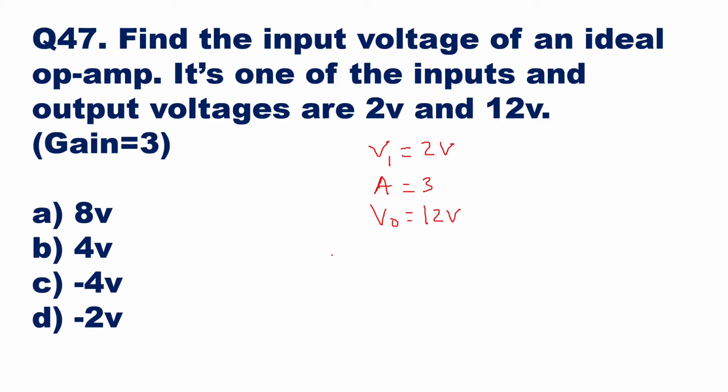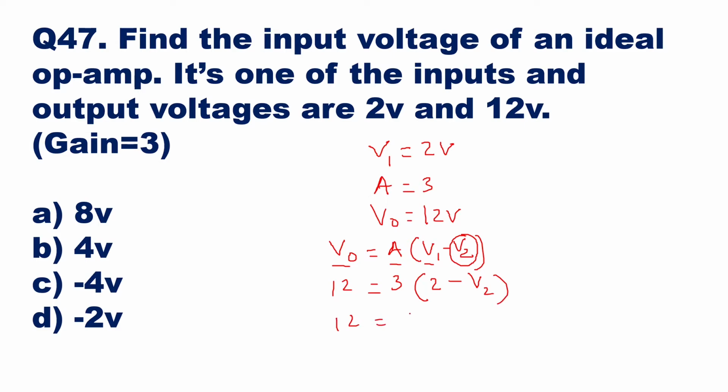Now here we know that the output voltage is equal to gain multiplied by the difference between the two input voltages, and we have to find the input voltage. So we have V0, we have gain, we have one of the input voltages. We have to find out V2, the other input voltage. If you substitute the numerical values, output voltage is 12 volt, so 12 is equal to 3 into (2 minus V2), where V2 we don't know. So 12 is equal to 3 into 2, which is 6, minus 3V2.